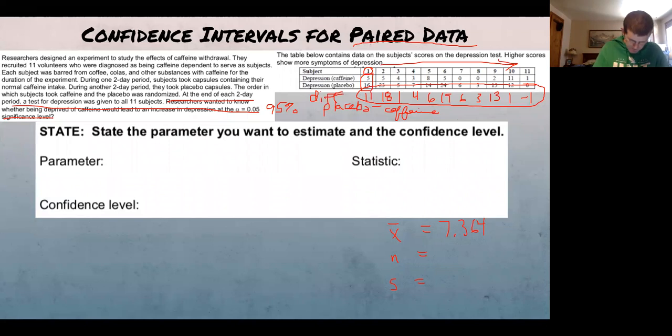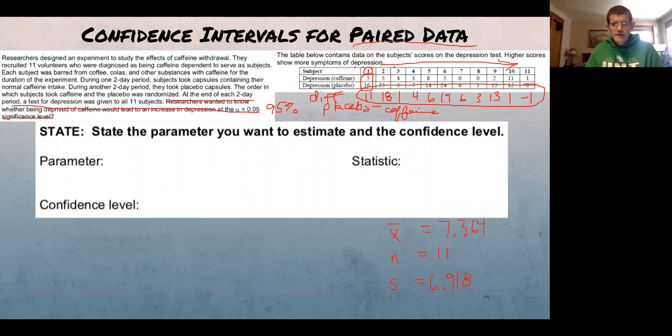There were 11. Okay, and I'm going to come back to this and explain a few things, but then I got 6.918. Hopefully you guys got the same thing. If we didn't, I might have made a mistake.